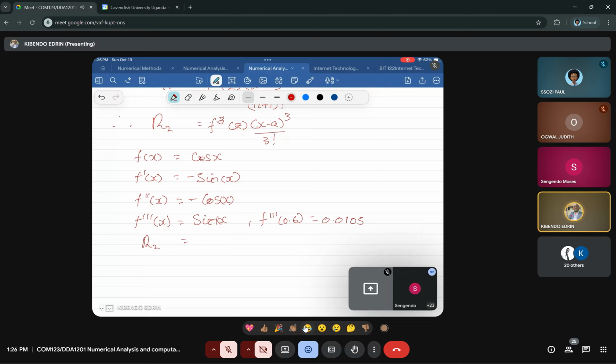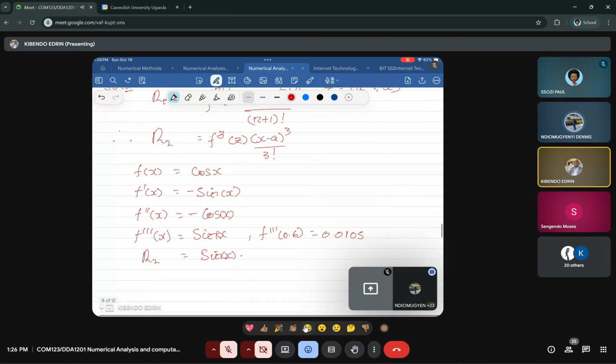Edwin, yes, sir. Why don't you go back to R2? There. Substitute now this function, sine x. Sine x. Yes. Then times, what is the A? A is 0.6, centered at 0.6.